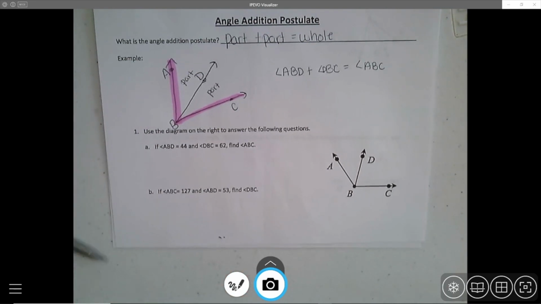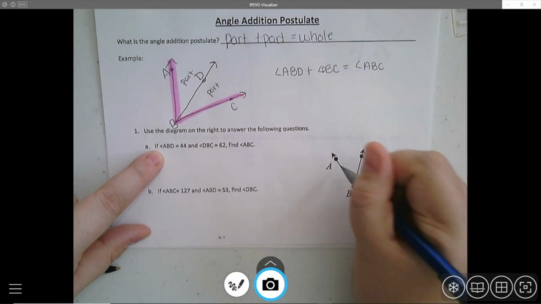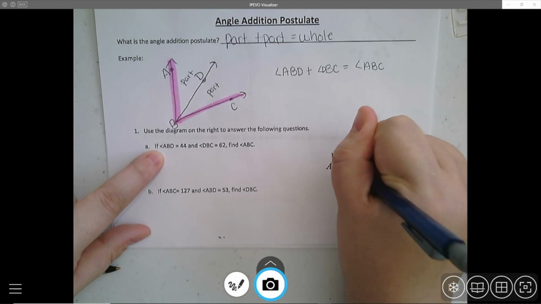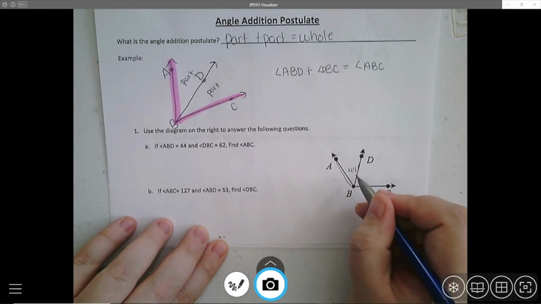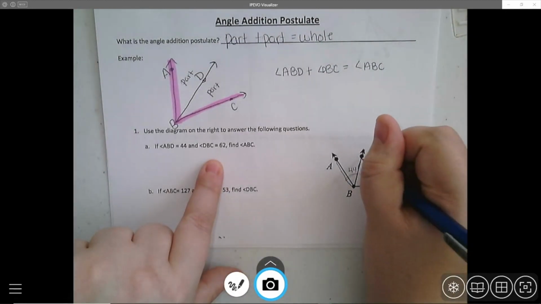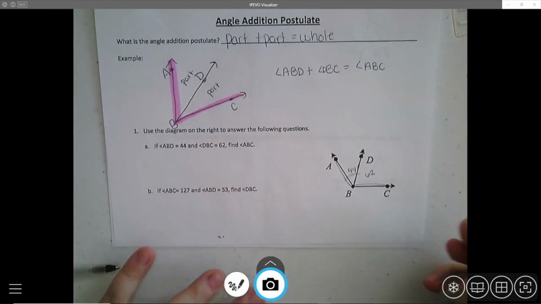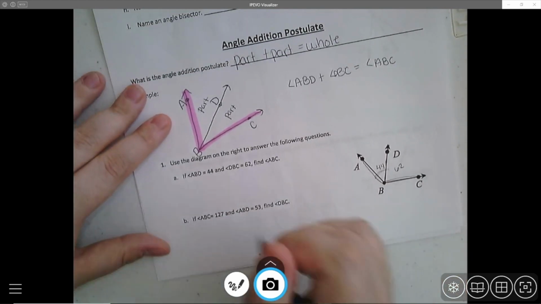So now, if I use my pencil to mark what I have, first thing, mark your picture. ABD, A to B to D, that's inside here, is 44. How I knew it was inside is I'm tracing A to B to D, and I mark an arc inside of that. That is the 44. Then I have D to B to C is 62. I need to figure out ABC, which is the whole big angle.